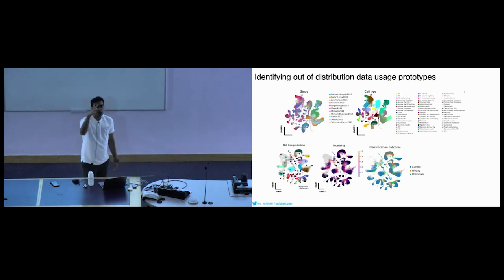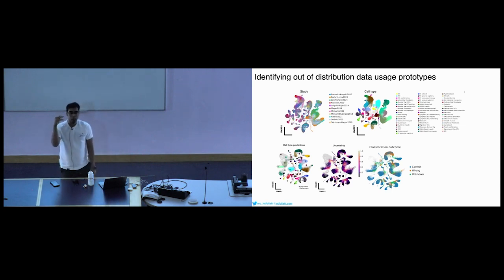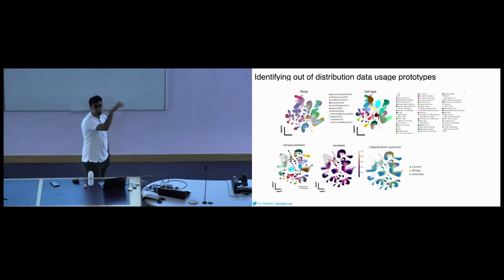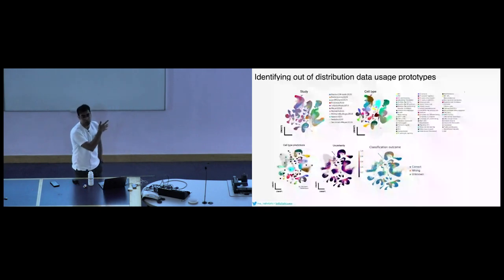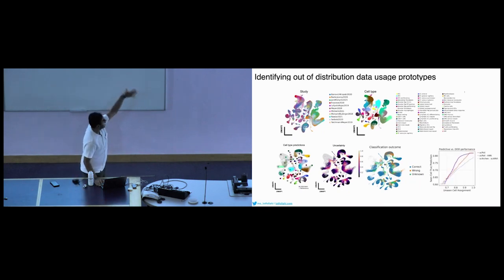So if you map a new data set to this reference, then the distance to the prototype that was used to annotate these cells could be considered as some sort of uncertainty, so basically distance-based uncertainty. And we indeed show that, this is a similar example to what I showed in the beginning of my talk, where you have a k-NN classifier to infer uncertainty, but this time we actually learned this uncertainty-aware model doing the inference, and we showed that it's better than the existing, simpler ways of doing uncertainties.